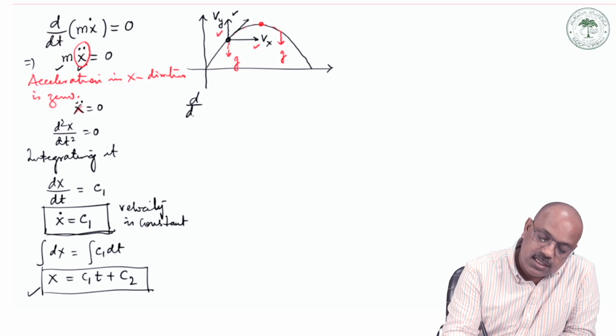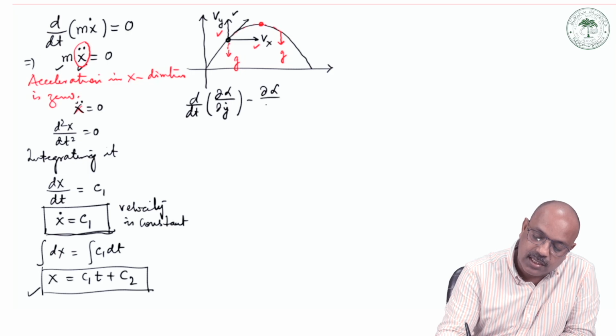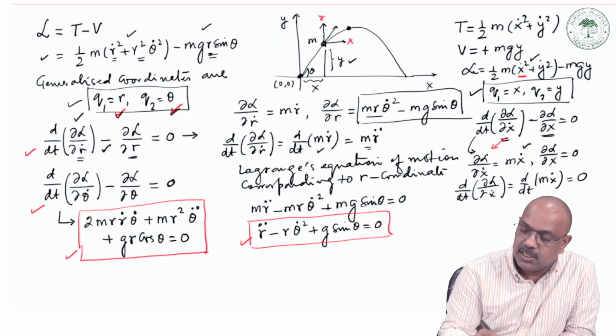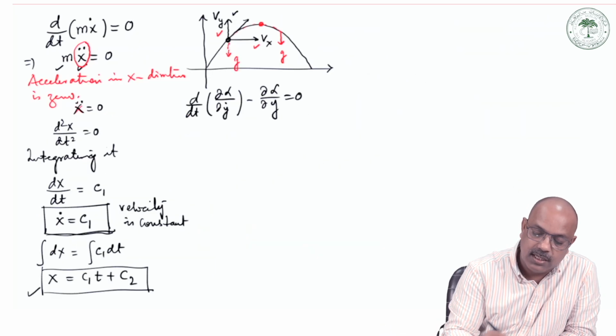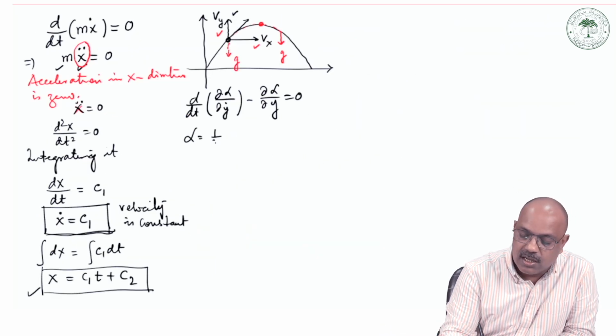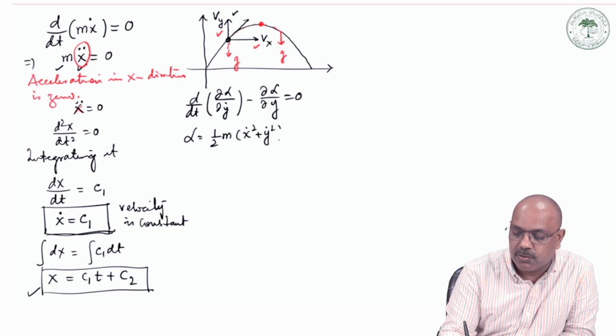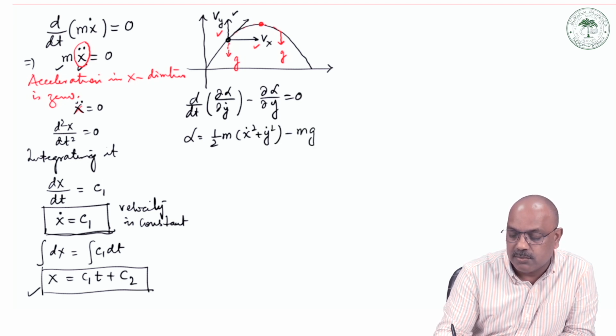This is d/dt of ∂L/∂ẏ minus ∂L/∂y equal to 0. My Lagrangian is half m (ẋ² + ẏ²) minus mgy.